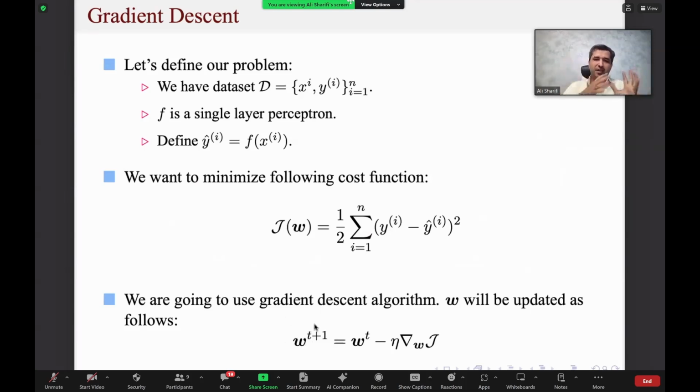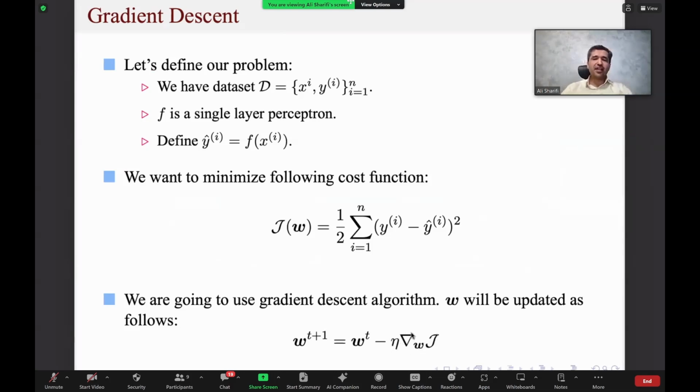By weight, from here to the end of the presentation, I mean all parameters, meaning all weights and bias values. So the weight at time t plus 1 is the weight at the previous time minus a parameter called the learning rate, times the gradient of the loss function.